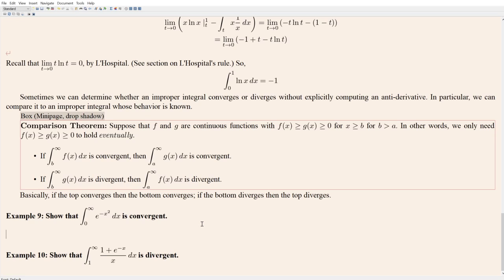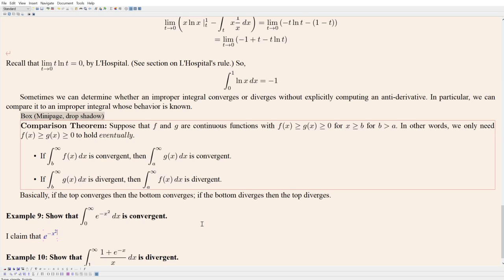Let me do this. I claim that the function that we were given is smaller than this for x greater than or equal to 1. Now, why am I doing this?